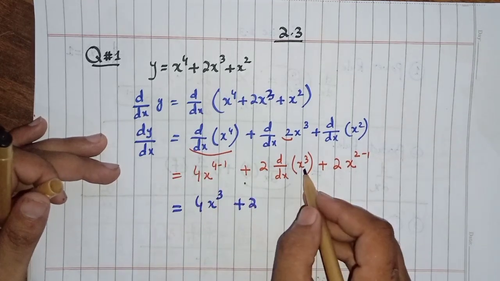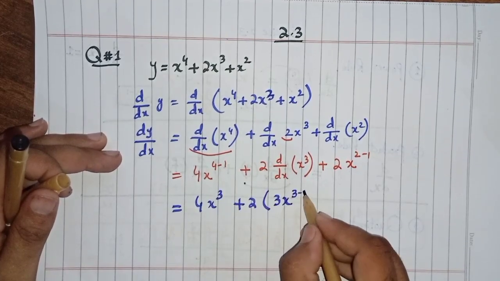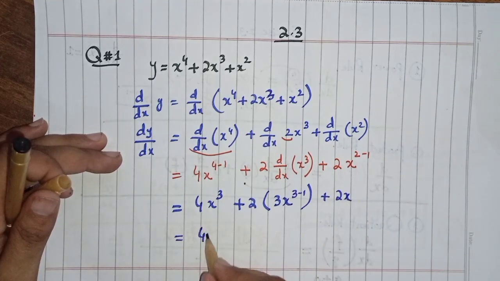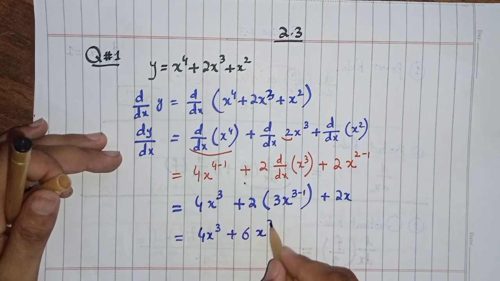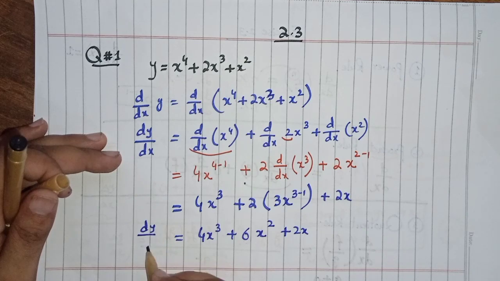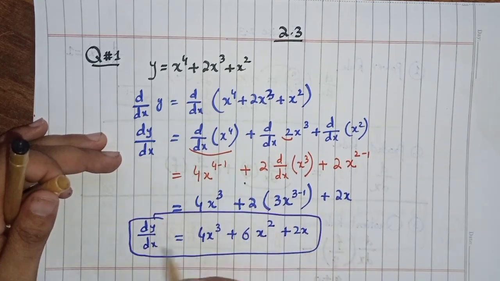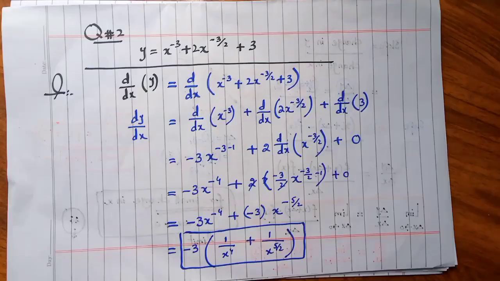If I apply the formula, this will become 3x raised to the power 3 minus 1, plus 2x. So this will be equal to 4x raised to the power 3 plus 3 twos are 6x raised to the power 2 plus 2x. This is the final answer of the first question using power rule. Similarly we can find the answers of the other questions.